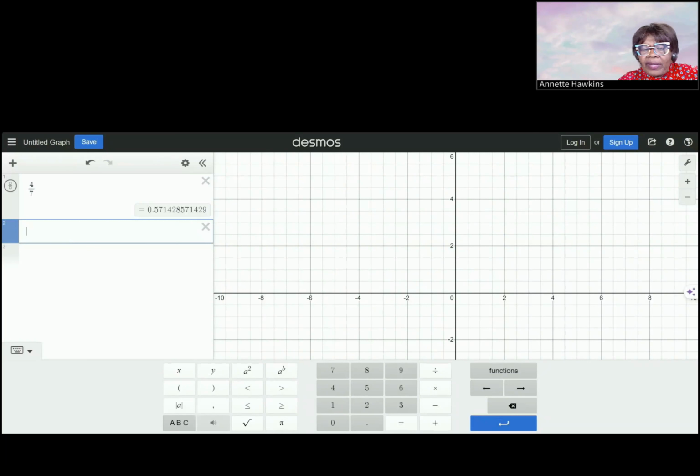Okay, we're to round it to the nearest tenth. The 5 is in the tenths place. And so we look to the right, and that's 7. If that number is 5 or more, we add 1 to the underlying number and drop off all the numbers. So we would add 1 to this 5 and get 0.6. Okay, so the answer would be 0.6.